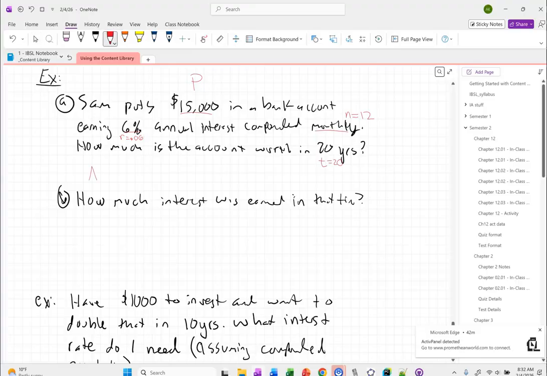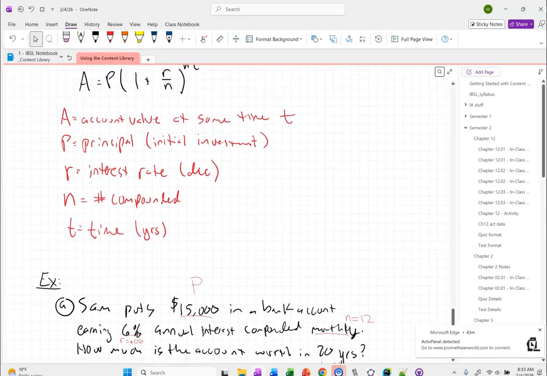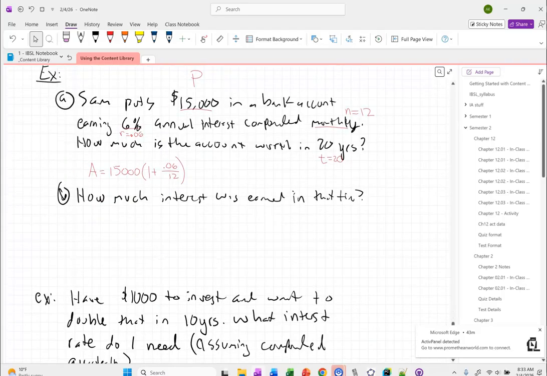So I would say that A is equal to 1,500 times 1 plus 0.06 over 12 to the, that's NT, right? 12 times 20. Is everybody okay?